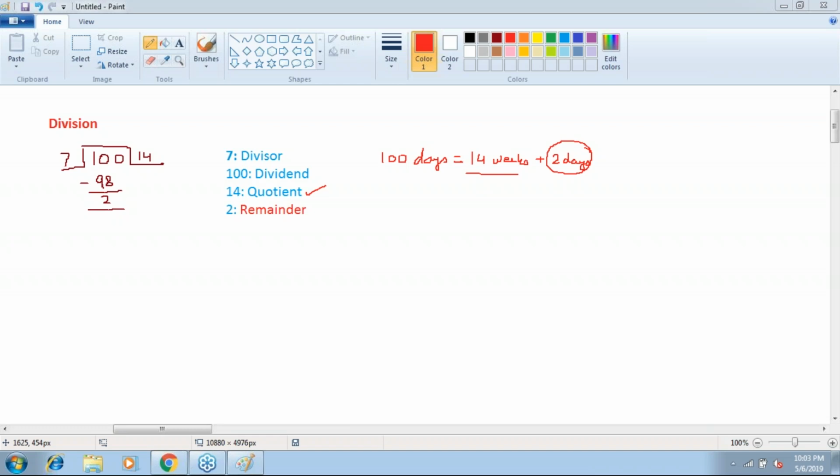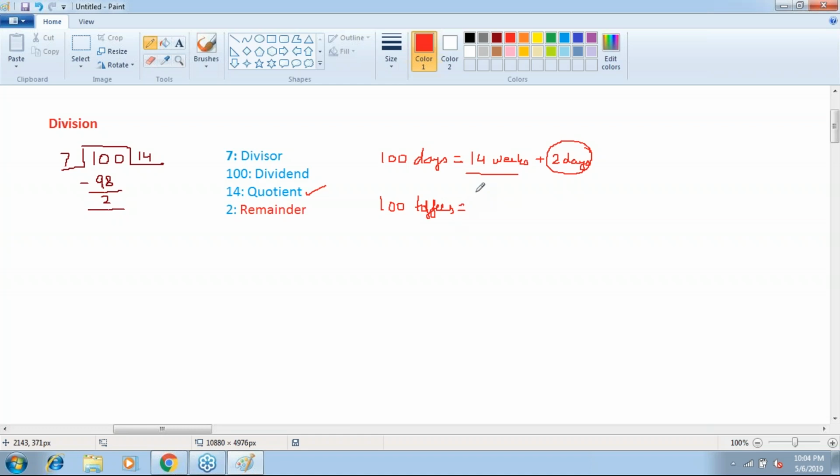Okay. Let me make another story. So we had 100 toffees and we wanted to make small packets of 7 toffees each. This division tells me that there will be 14 packets made. Okay, so 100 toffees, the other example, pardon the horrible handwriting.